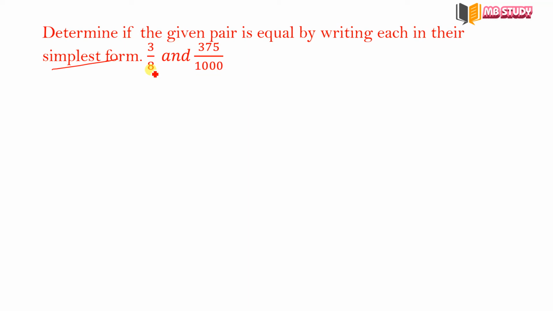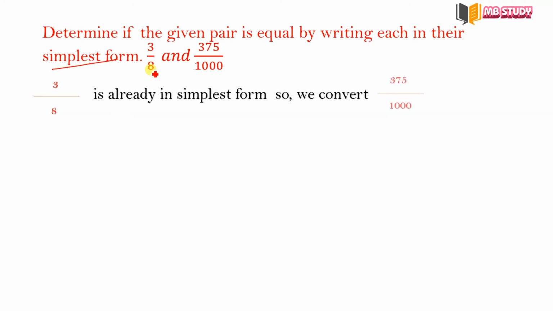Here the units place is 5 and here 0, so we can simplify with 5. 5 sevens are 35, 2 remains, 25, 5 fives are 25, that means 5 times 75 is 375, and 5 twos are 10, carry, two zeros, that means 200. So 375 by 1000 converts to 75 by 200.